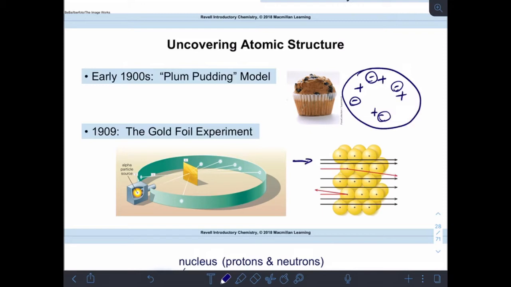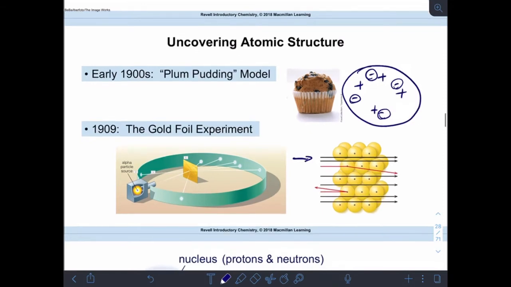But what they found instead was that some of those alpha particles get deflected, like it does here, or bounce back, like it does here. So if the plum pudding model was correct, they couldn't explain this behavior. But if there was something solid inside of an atom, then it could explain why the particles were being deflected.